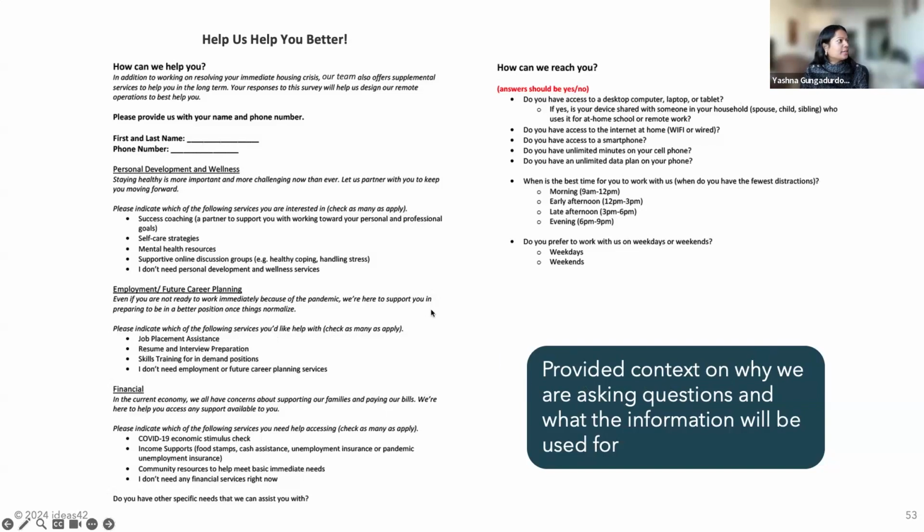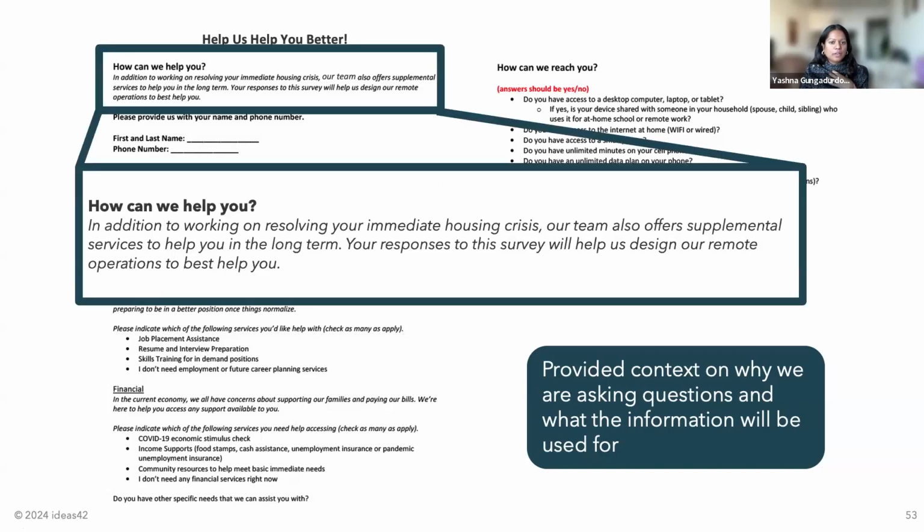All right, so let me quickly go over how we updated the survey. I think all of you brought up really important and good points, and we updated them in more ways than I will be touching on right now. But basically, as many of you mentioned, we made sure that we were providing context on why we're asking questions and what the information will be used for.